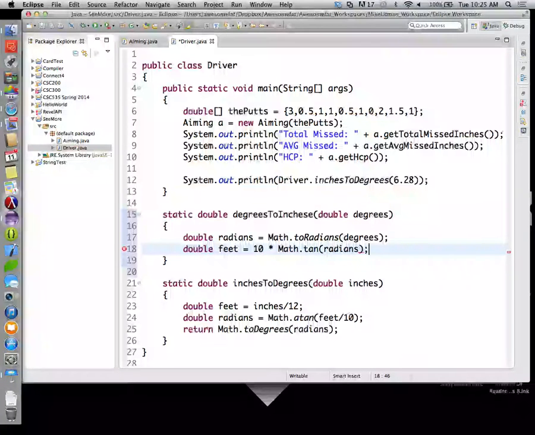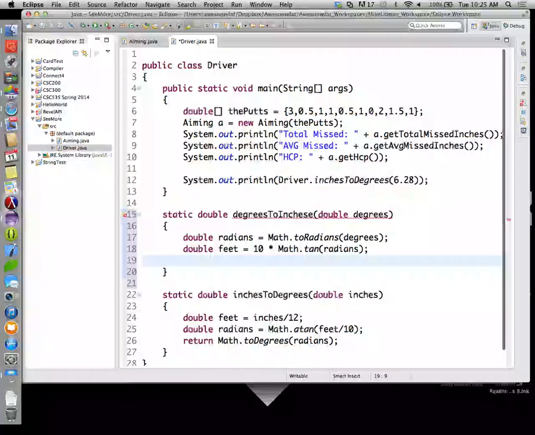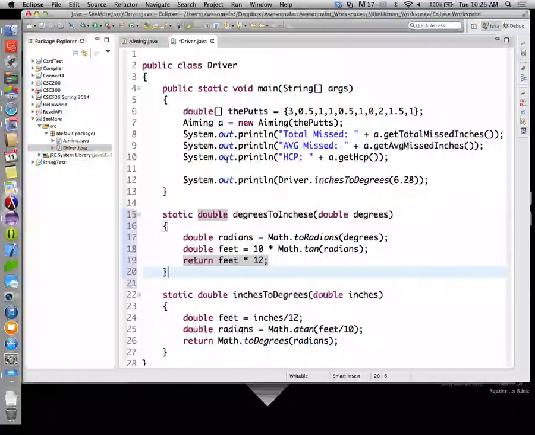Radians. And then we have it in feet, so we'll return feet divided by 12 to give us our inches. Feet times 12. Oh, no. Yes. Feet times 12. See, I need my coffee.